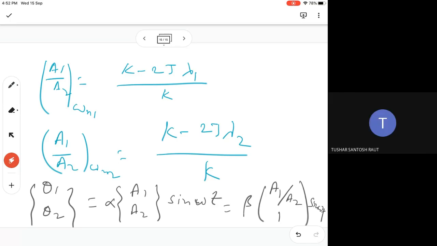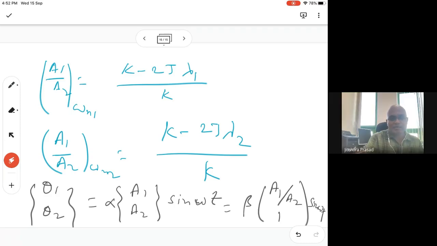Sir, so there won't be any common theta 1 and theta 2 here, meaning for combined motion? There can be a combined motion. It's possible.